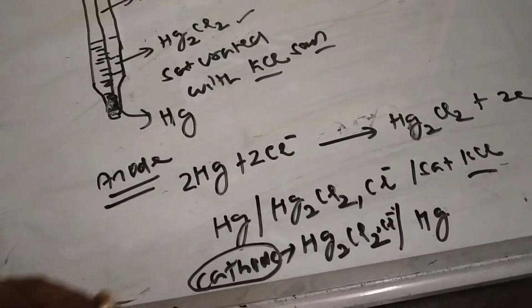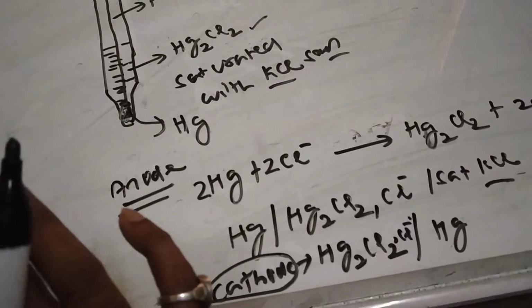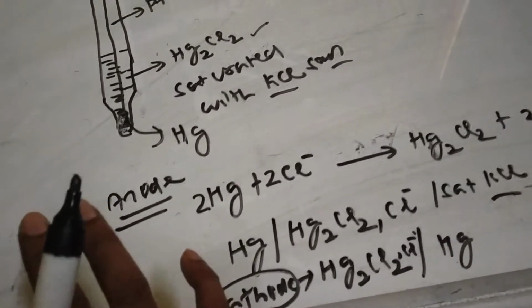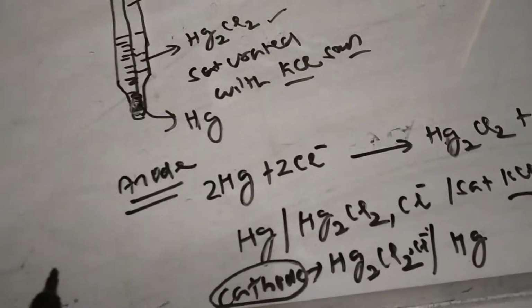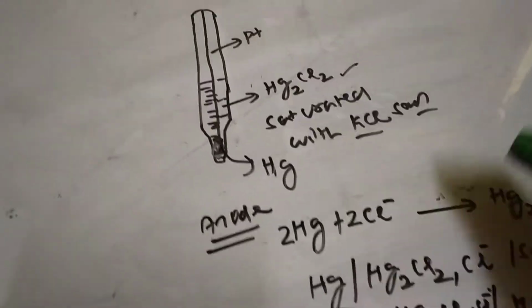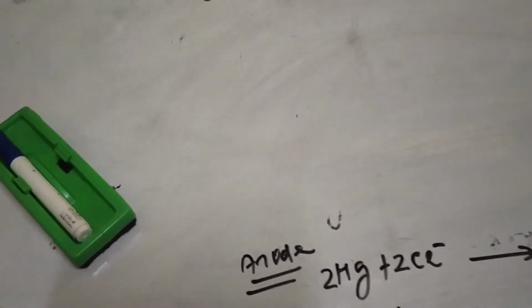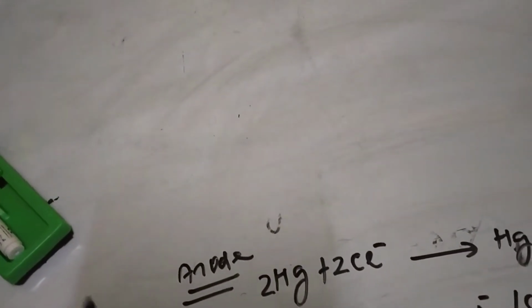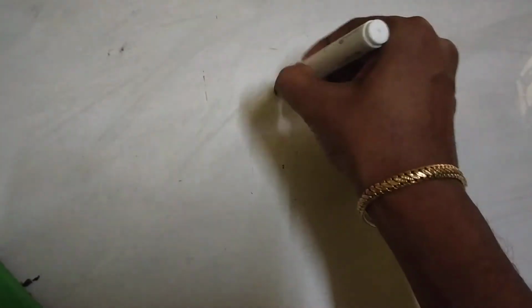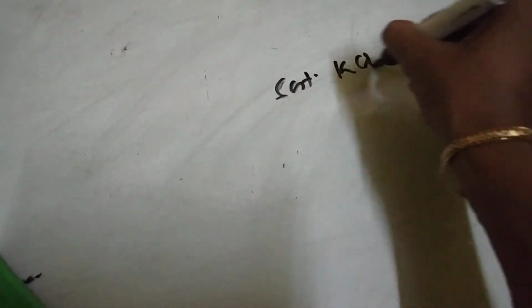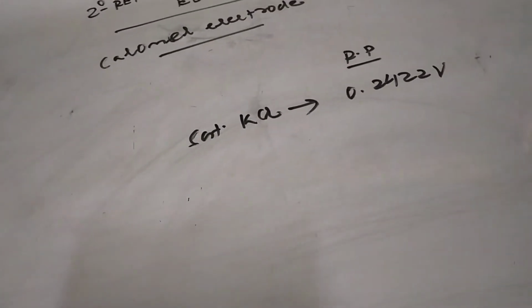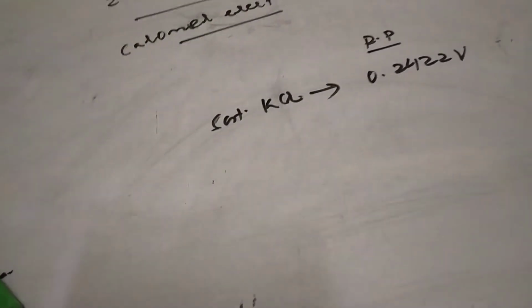Now you have to remember, as it is a reference electrode, what its electrode potential will be. How can we write its electrode potential? Remember, if you are taking this calomel electrode as cathode and you are taking the saturated KCl, then the reduction potential value of the calomel electrode will be 0.2422 volt and the oxidation potential will be just negative, that is minus 0.2422 volt.